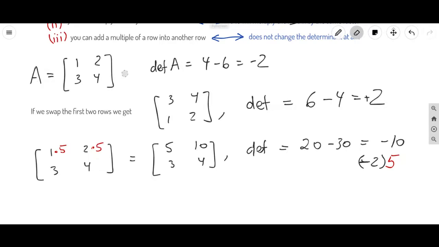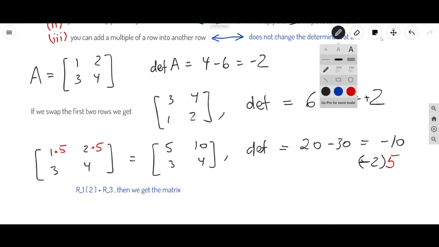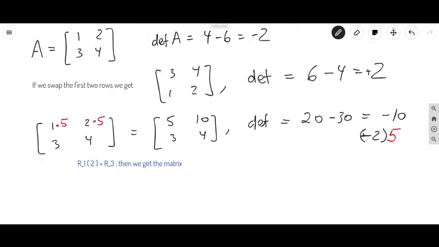Now, the third row operation does not change anything at all. So let's actually see why that is. Let me say it like this. Take row 1, multiply it, let's say, by 2 and add it into row 2. This is the matrix we will get if we do that.